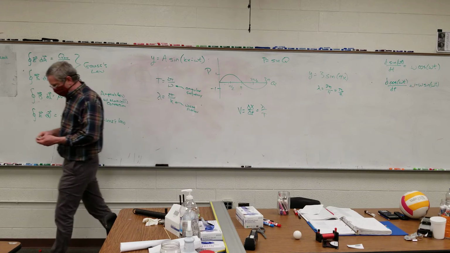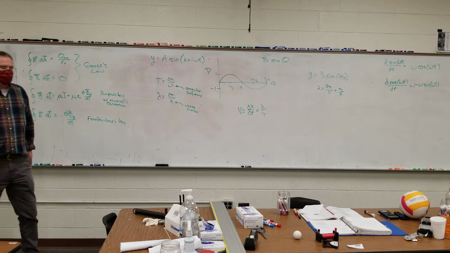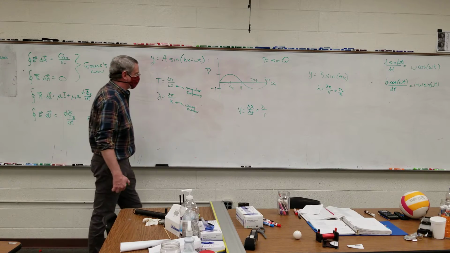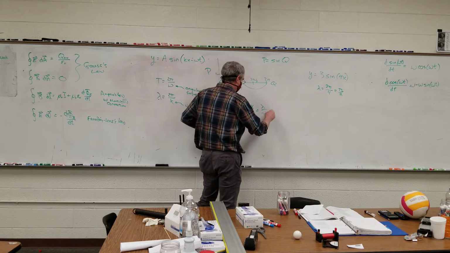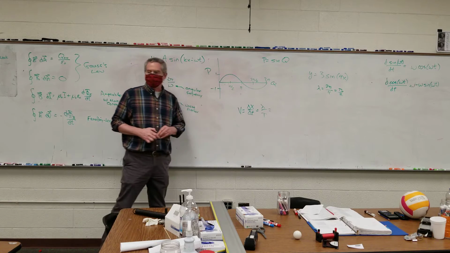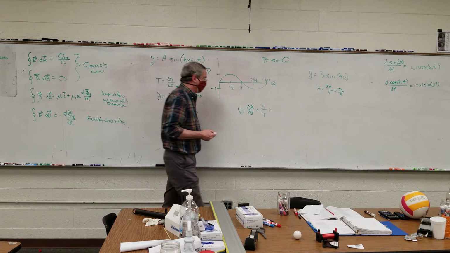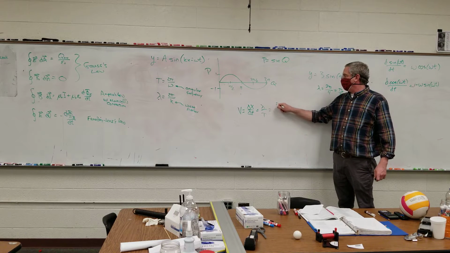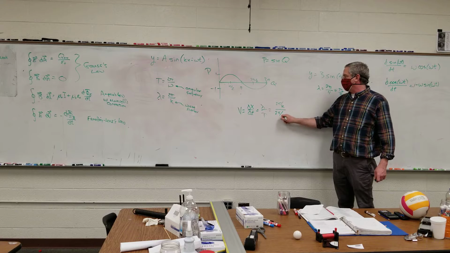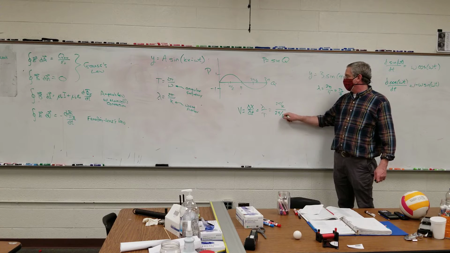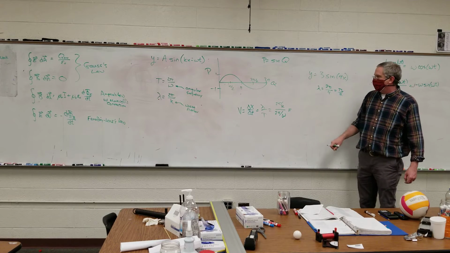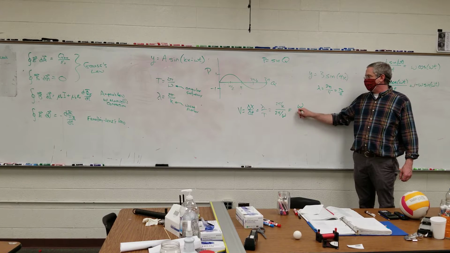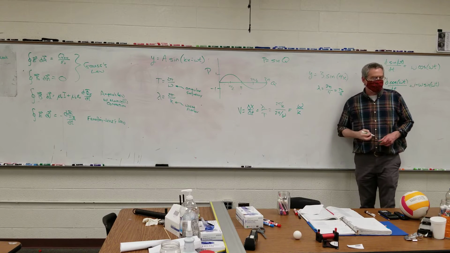Flashback to probably sometime around Thanksgiving last semester. So the speed of a wave is just the wavelength divided by the period. The wavelength is 2 pi divided by the wave number, and the period is 2 pi divided by the angular frequency. And so the speed of the wave is also just the angular frequency divided by the wave number.